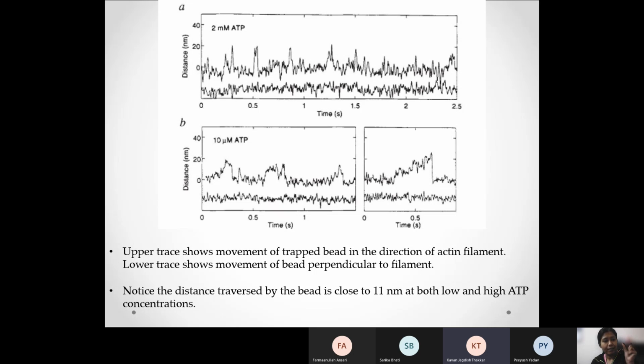So the step size here, the amount of sliding of the actin, still remains the same, and you can see that very clearly from this profile, right?